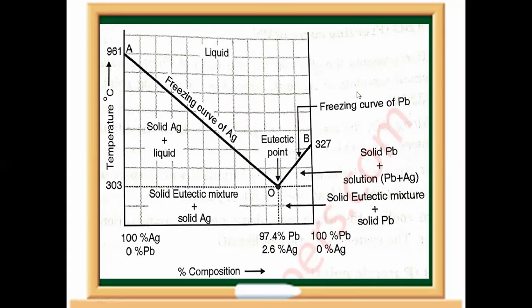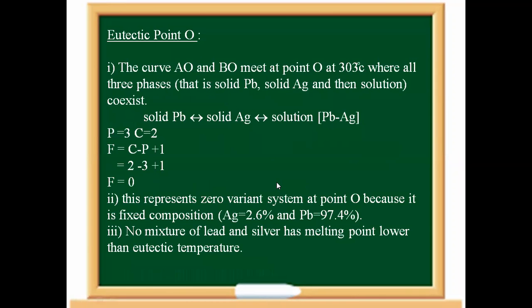Now we will study what the situation is at the eutectic point. So this curve AO and BO, as I told you, meet at 303 degrees Celsius. There is solid silver at point O, there is solid lead also, and at the same time there is a saturated solution of lead and silver. So for the two component system, the number of phases is 3, where the degree of freedom is 0.